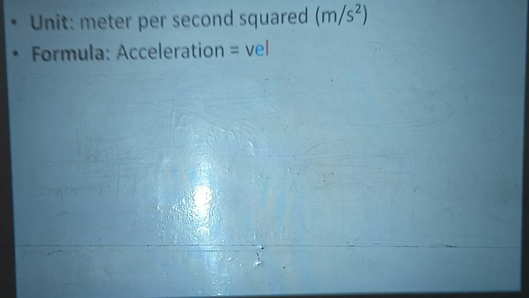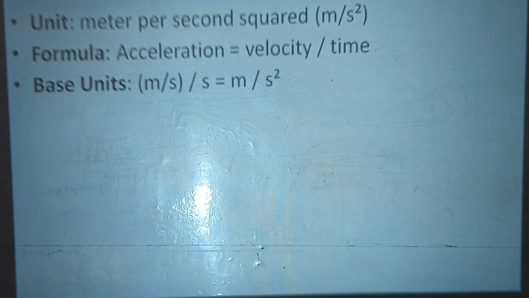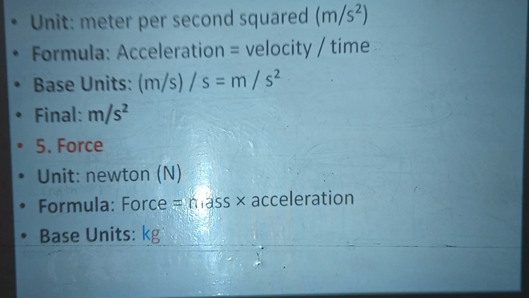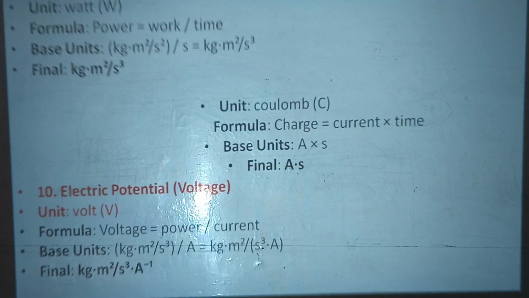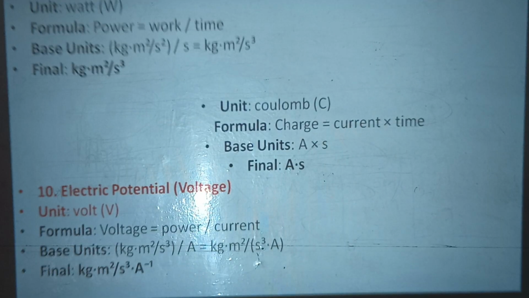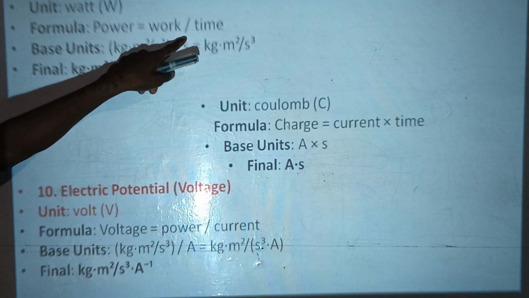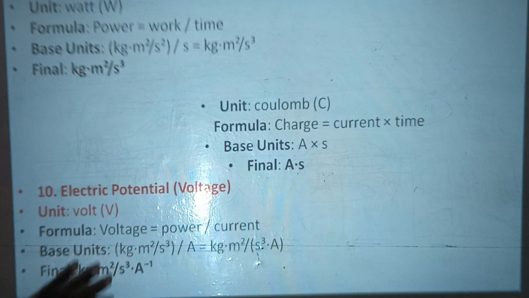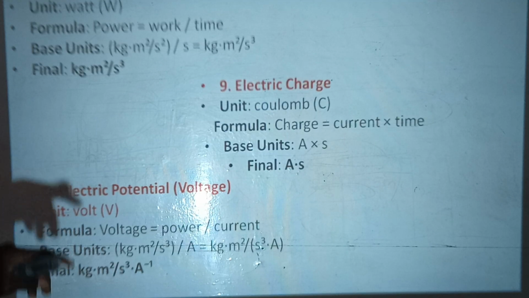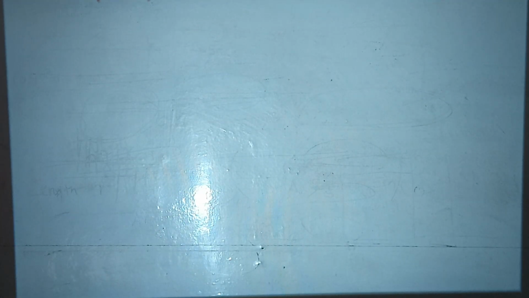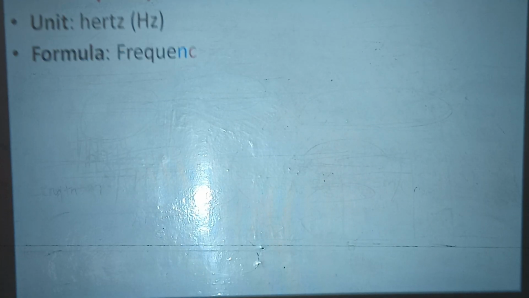I just show the slide here and you can understand it from the slides. Like the watt as a unit, the formula is power equal to work upon time, and volt is also calculated here. After the electric charge, in the slide above there is frequency. Frequency is measured in hertz and its formula is 1 upon time taken.